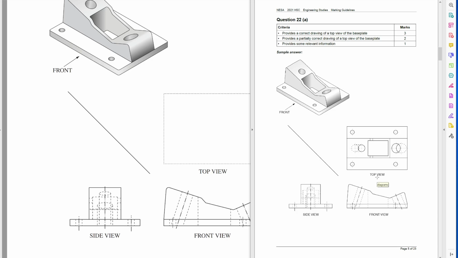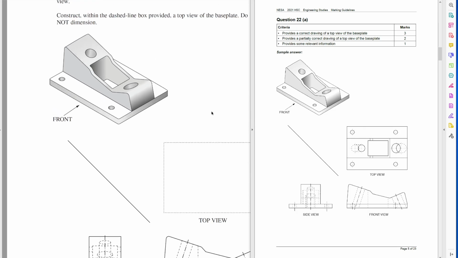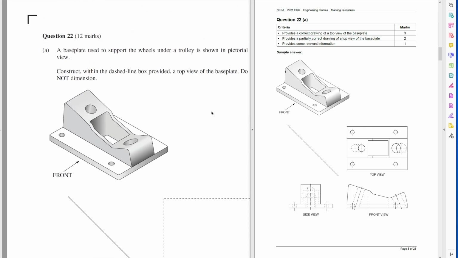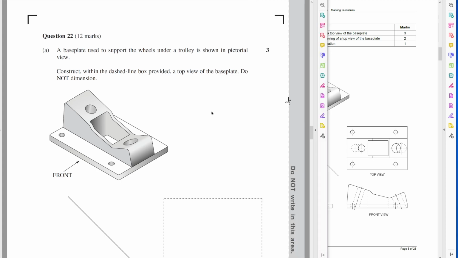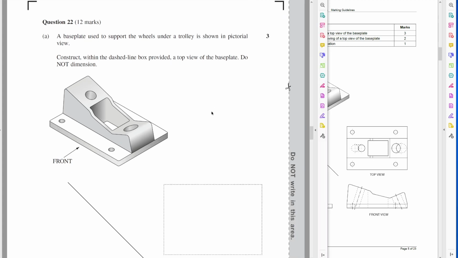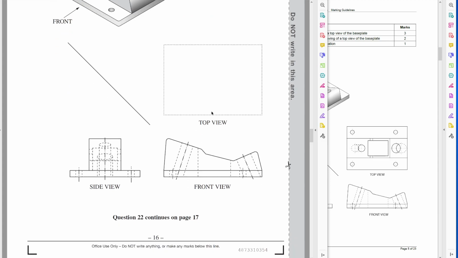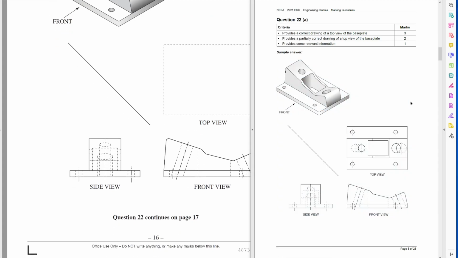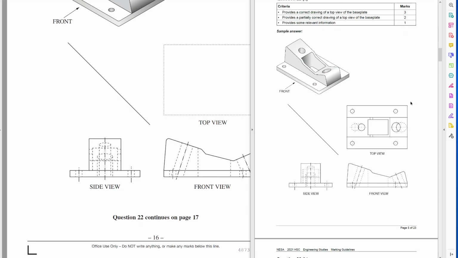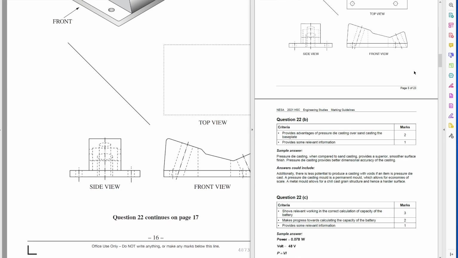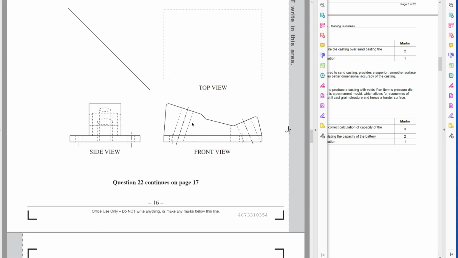And I don't think they would have necessarily expected center lines. I would have liked to have thought that I would draw center lines, but I can't say. I didn't speak to anyone who marked this question, so I don't have any insight on that. Okay.